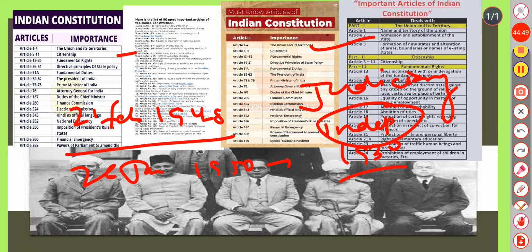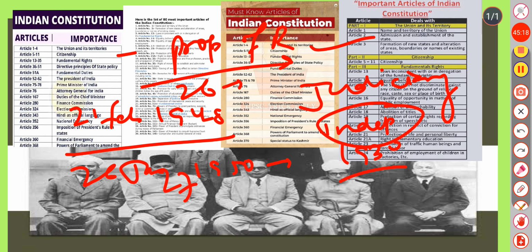Now the right to freedom of religion. Article 25, freedom of conscience and free profession, practice and propagation of religion. Article 26, freedom to manage religious affairs.